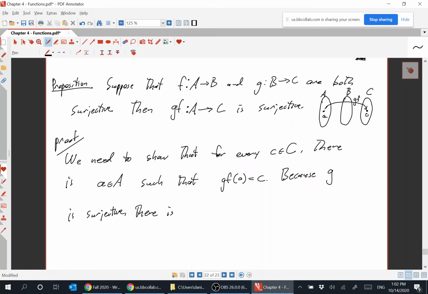There's an element little b in big B such that g of b equals c. Right. Okay, so there's b here. All right. Well, b is in the range of f, and f is surjective. So what?